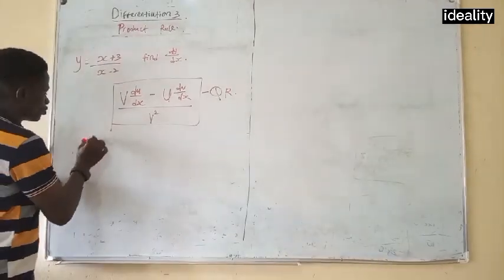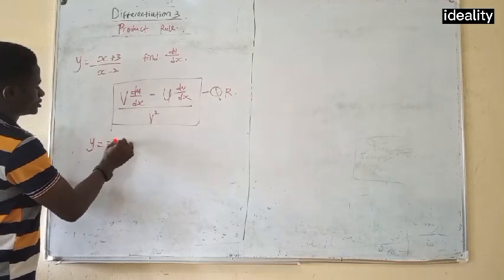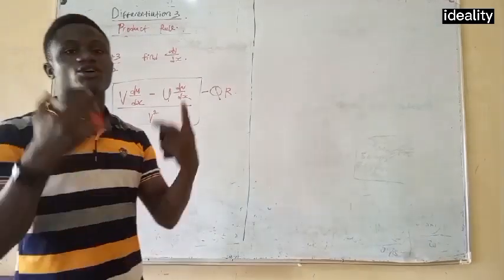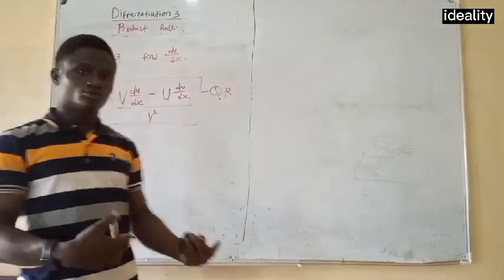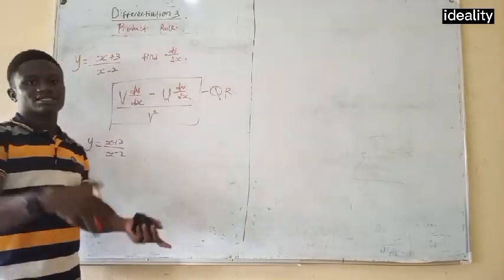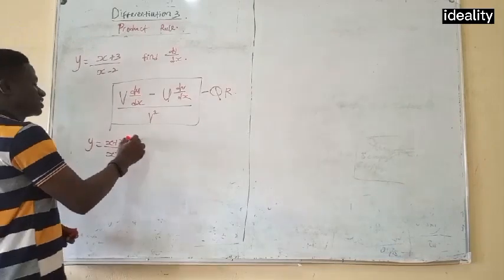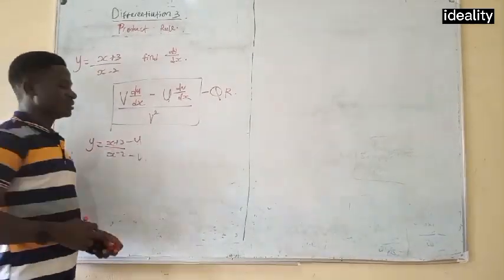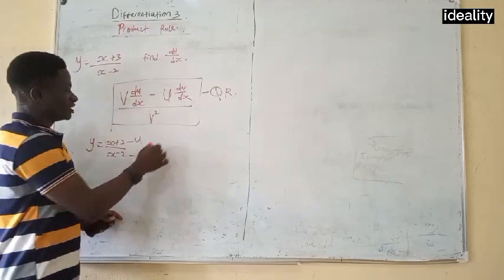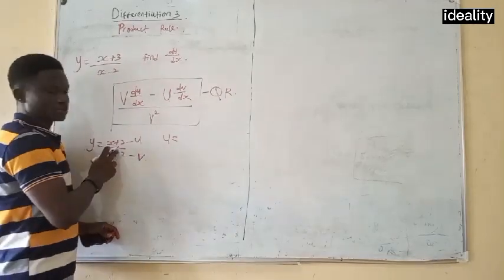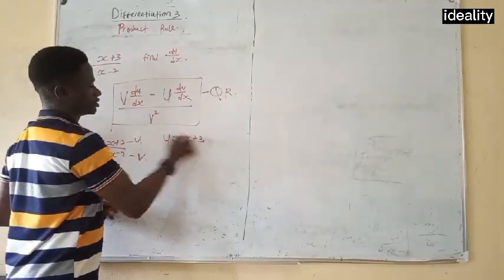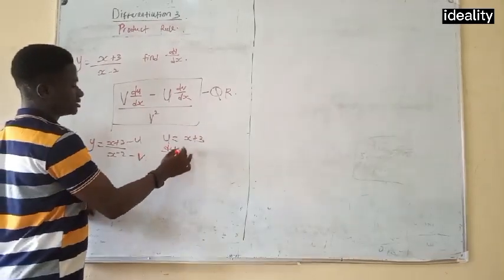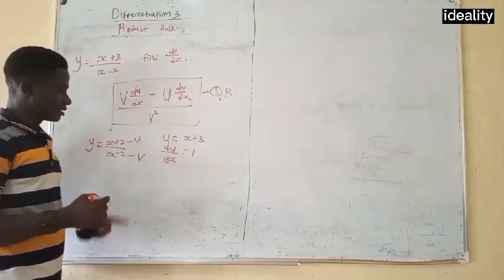My question is y equals x plus 3 over 2x minus 2. I told you earlier that the one that comes first we take as u, and the latter one we take as v. So let this be my u because it comes first, and let this be my v. If my u is equal to x plus 3, then du/dx is equal to 1.